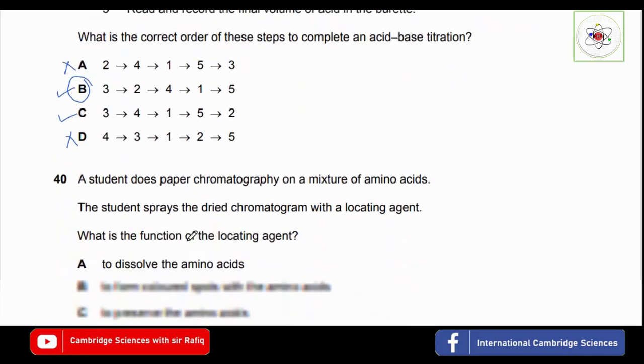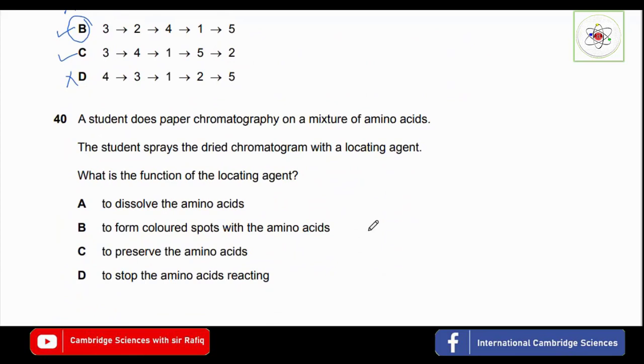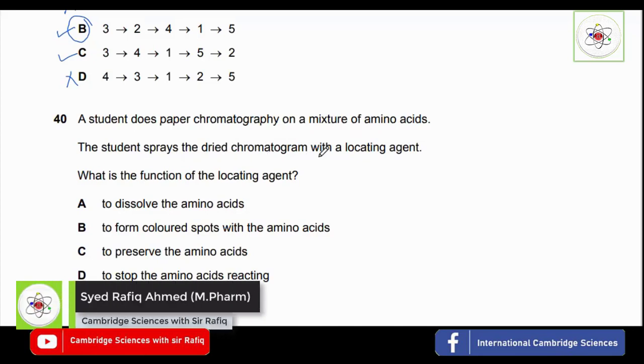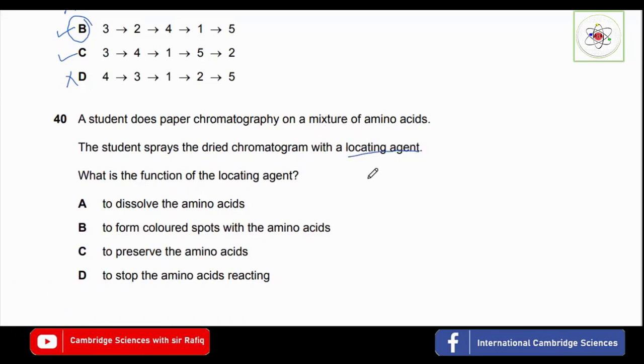A student does paper chromatography on a mixture of amino acids. The student sprays the dried chromatogram with a locating agent. What is the function of the locating agent? Obviously, we use a locating agent like ninhydrin spray to make invisible spots visible.